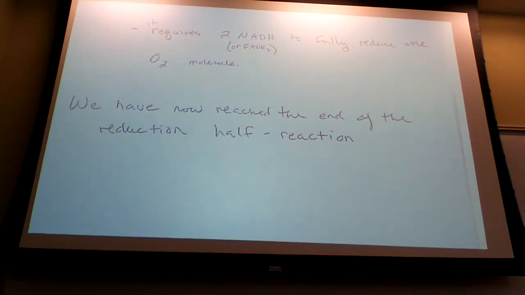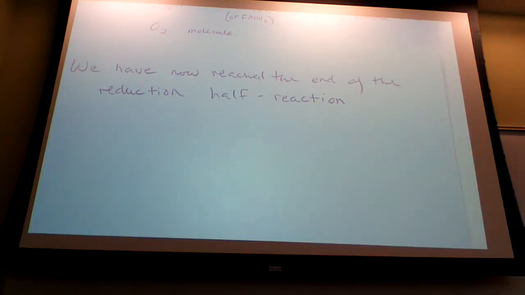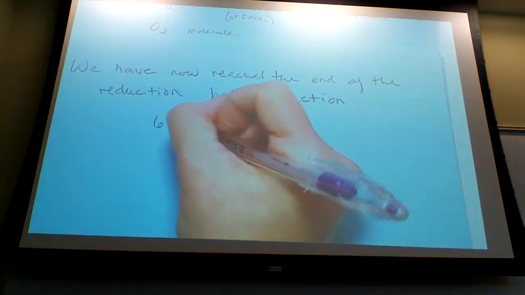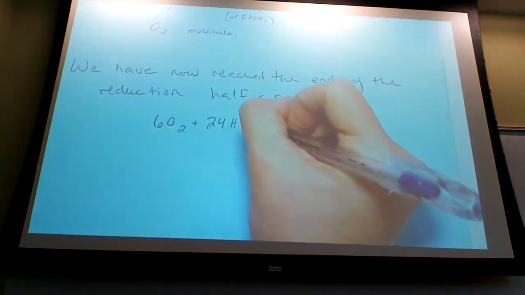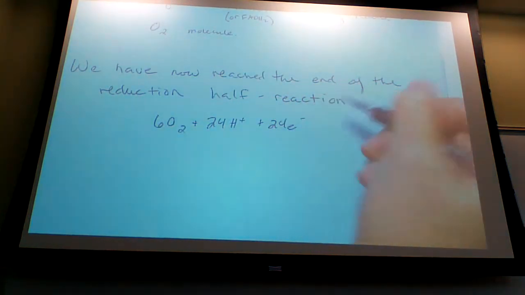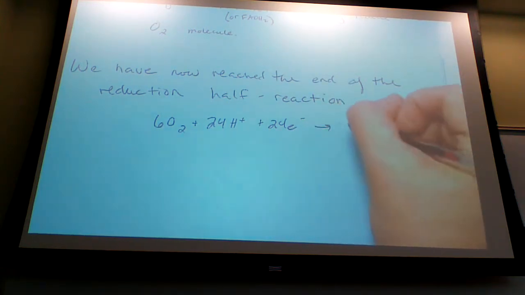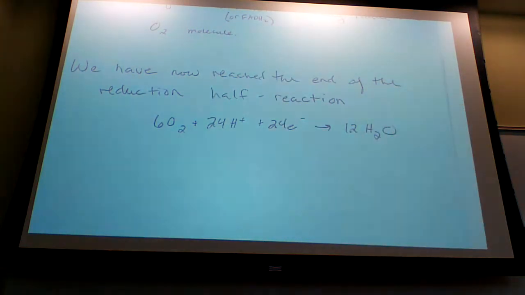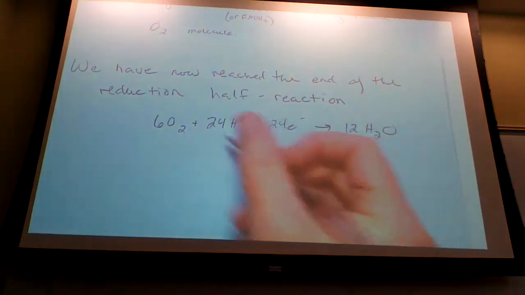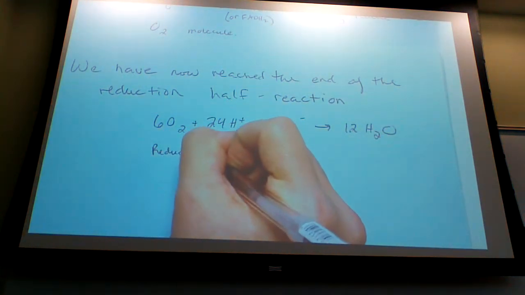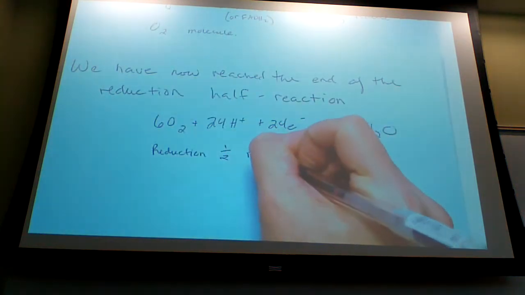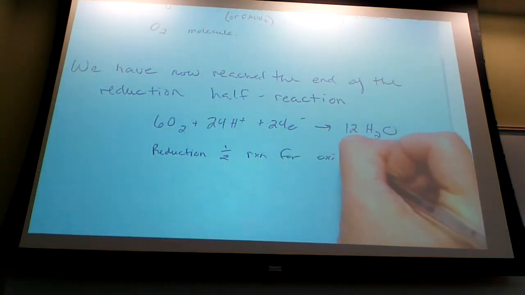And now we have our reduction part of the redox reaction and the electron transport chain. So that equation, remember, was 6 oxygen plus 24 protons plus 24 electrons. This is the half reaction going into 12 waters. So this is the reduction half of the reaction for oxidation of 1 glucose.